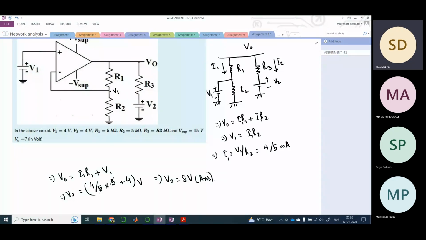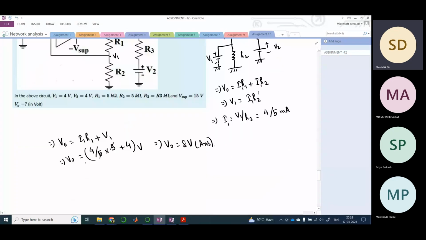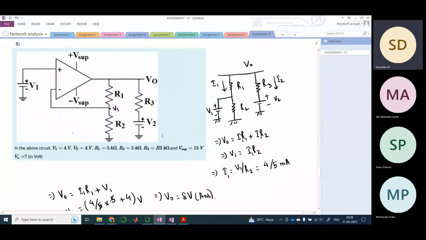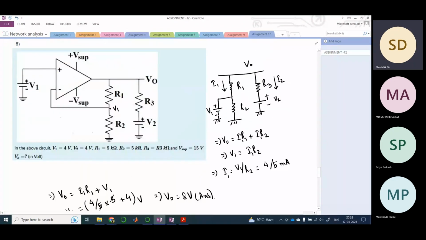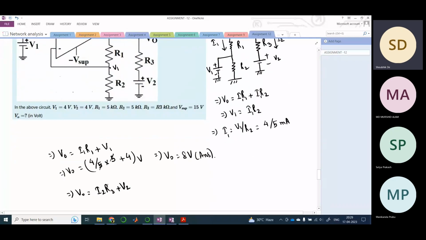Here, you can't solve using the second path. V0 would be I2 R3 plus V2, so you need to calculate I2 and R3. But R3 you don't know, and I2 obviously you don't know.